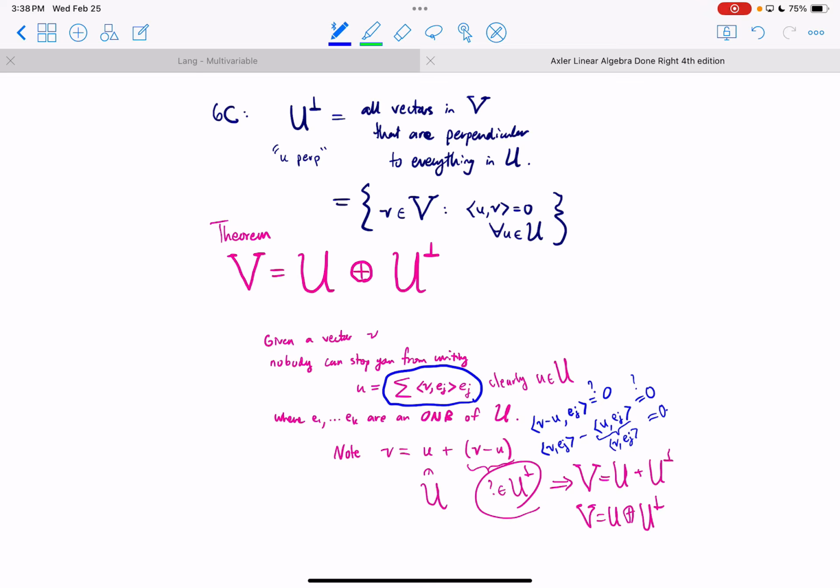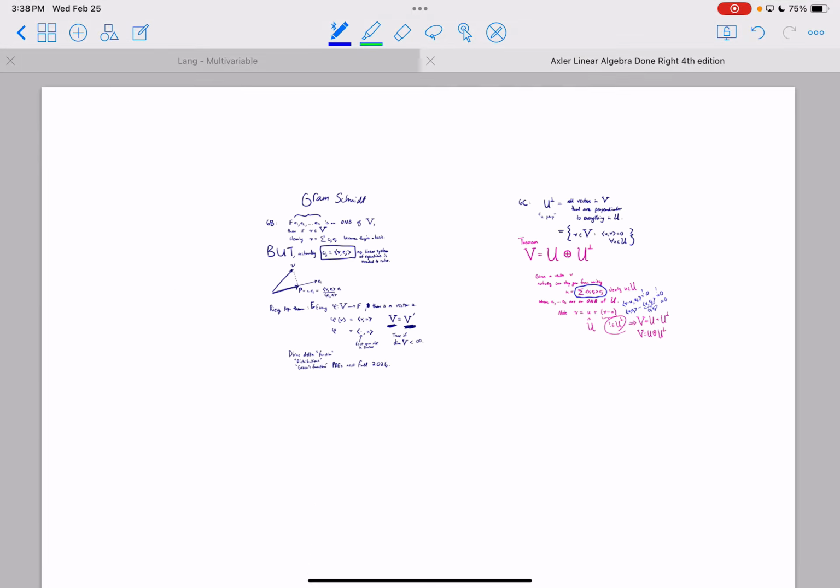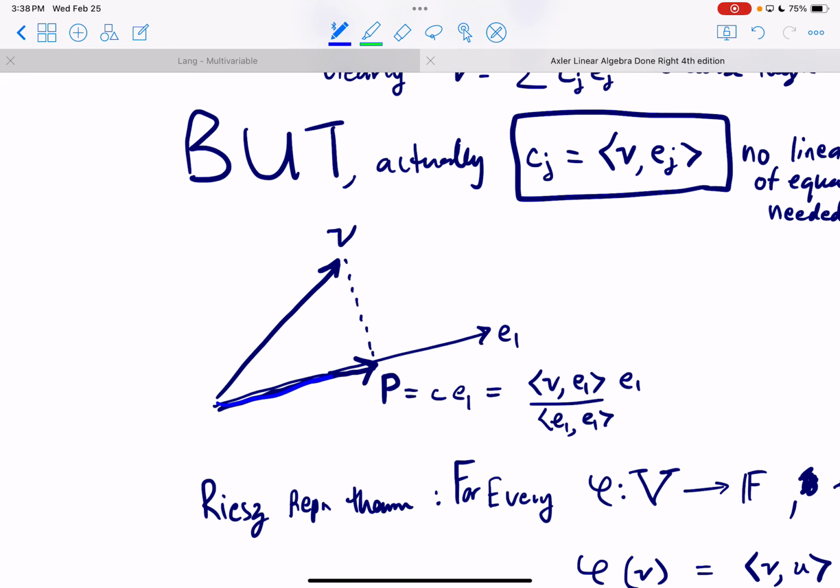I'm just not writing it down. And it's this piece. This is the part that wasn't in U. This piece is the orthogonal piece. So it's just like my picture that I wrote a moment ago with the triangle, where this vector is my U and this is my V minus U, which is at 90 degrees. And that's what we just proved. Okay. So you see this triangle picture is important. Okay.